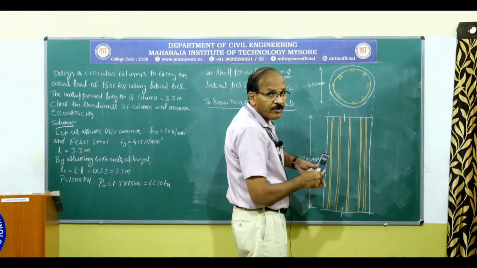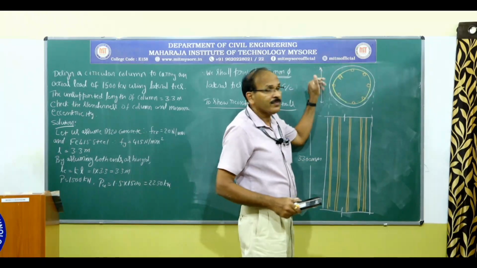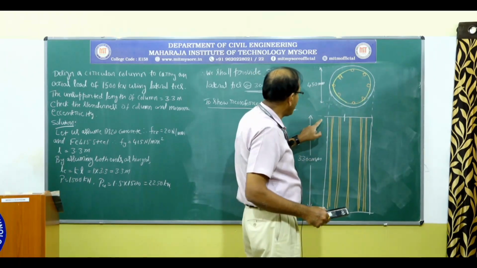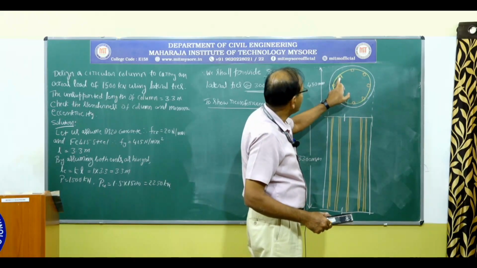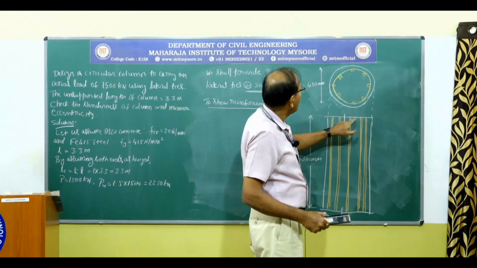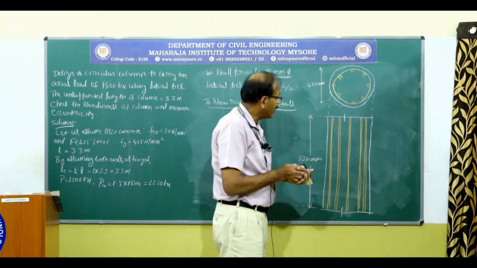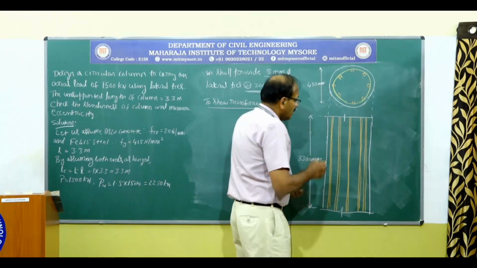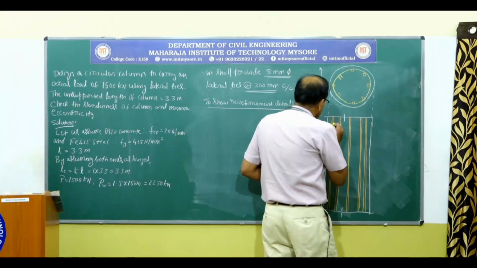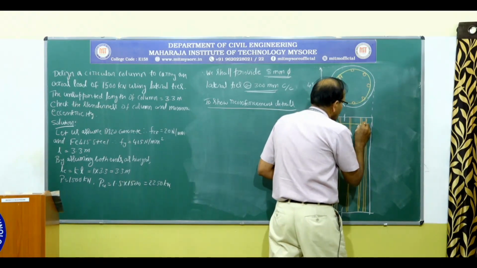That is, when you take a section here, you are going to see these two end bars and these two bars here, and you are going to see this bar in the middle. Then comes the lateral ties.